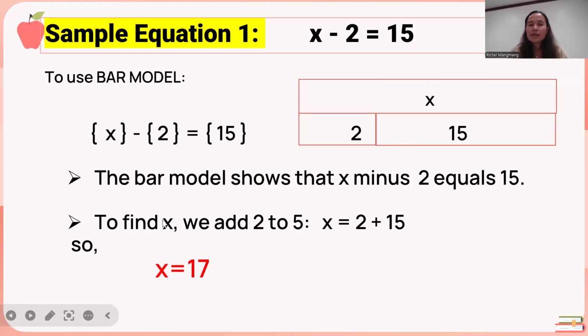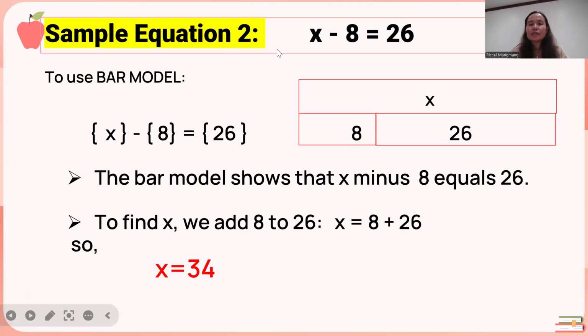To find x, we add 2 to 15, so that x is equal to 2 plus 15. As we have seen in the model, when we add together 2 and 15, that will give us the x. So therefore, our x is equal to 2 plus 15, that gives us 17.